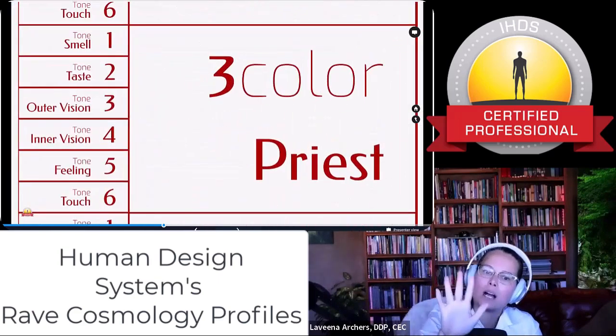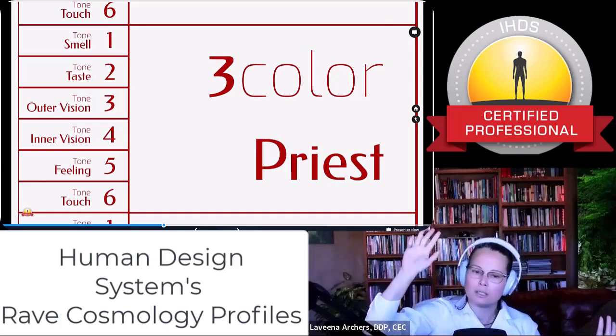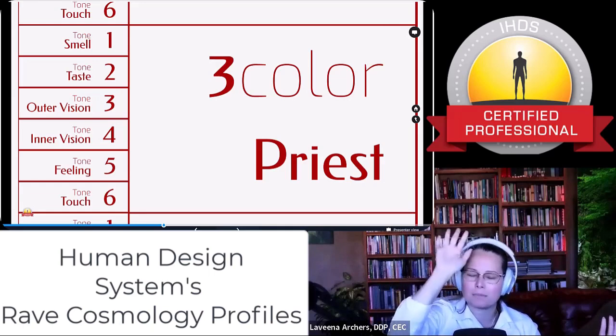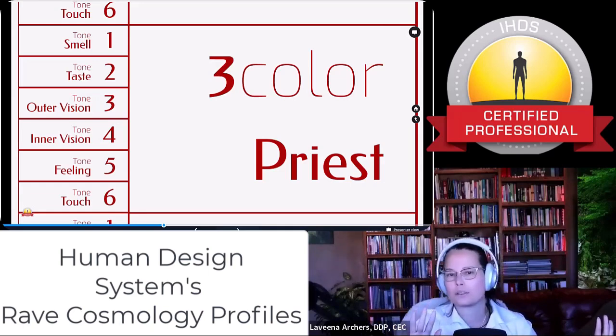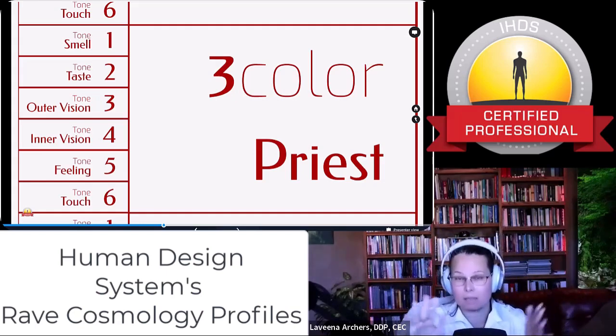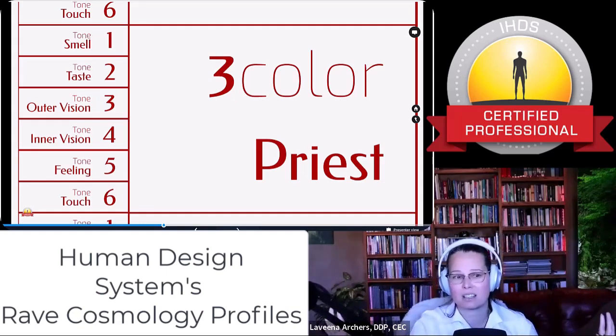And then we have the color on the body side. Hello, Laveena over here with her teacher quality, teacher of messenger teacher as far as the personality or design, Sun Earth. Underneath that 5 is a 3 color, again, priest. So priestess, priestess, underneath that awareness.